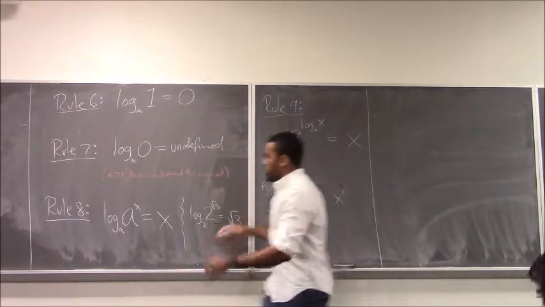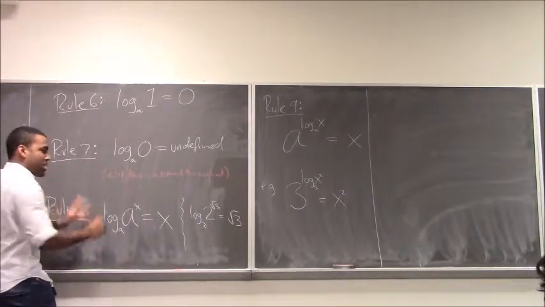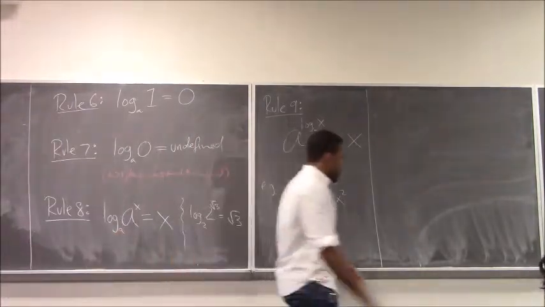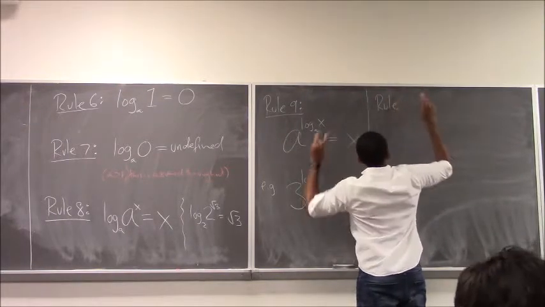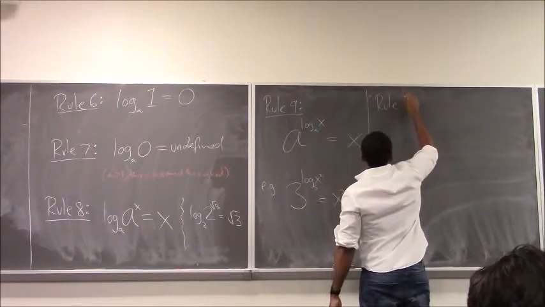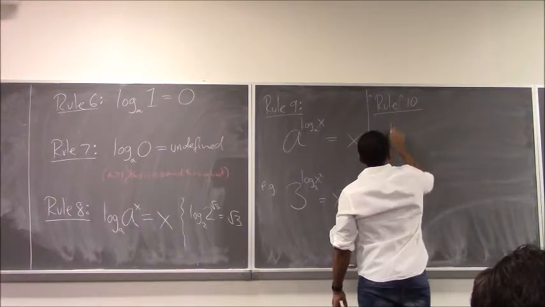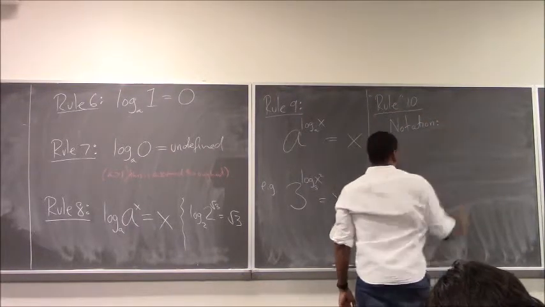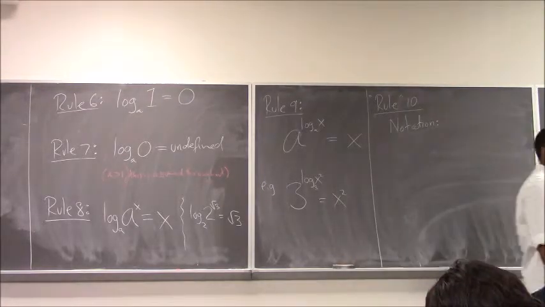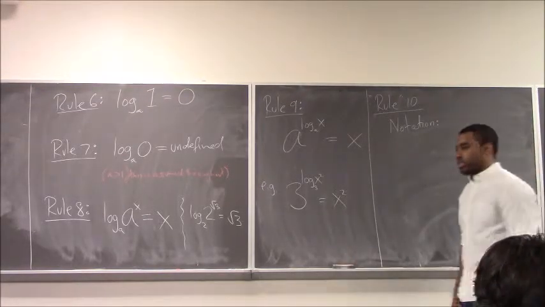And again, calling some of these rules, they're kind of strong, but I want you to think of it a certain way. So again, this rule, rule 10, is about notation. Remember I told you about e to the x being a very convenient exponential function to use.